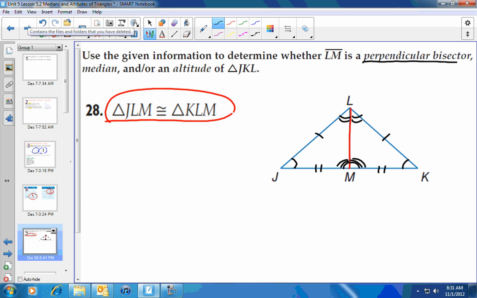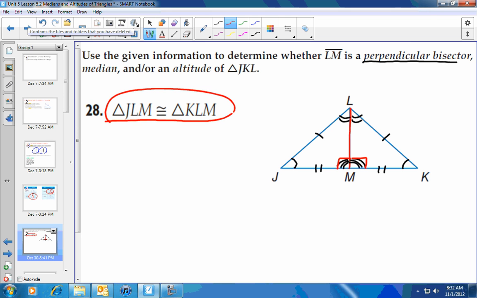Do I know for a fact that that and that are each right angles? Yes. Exactly.